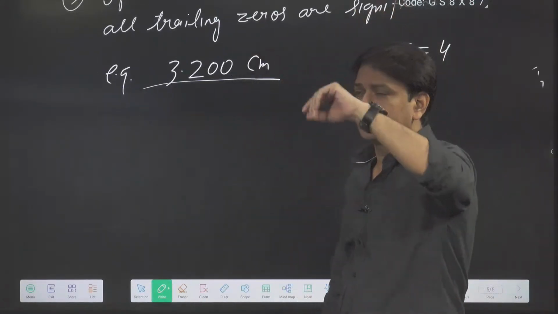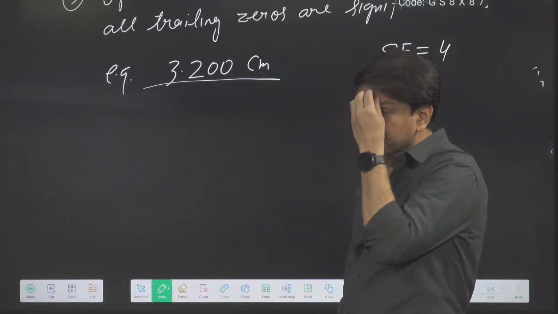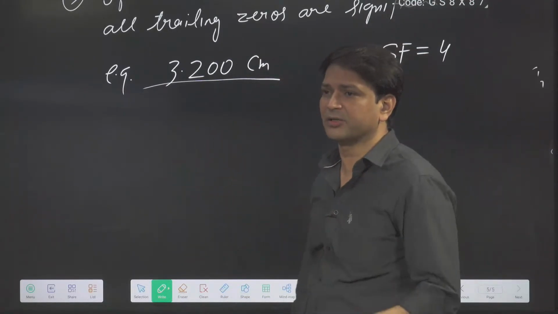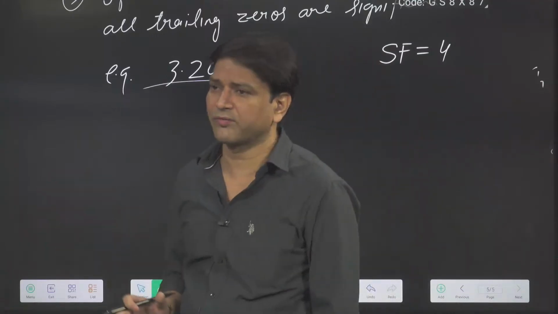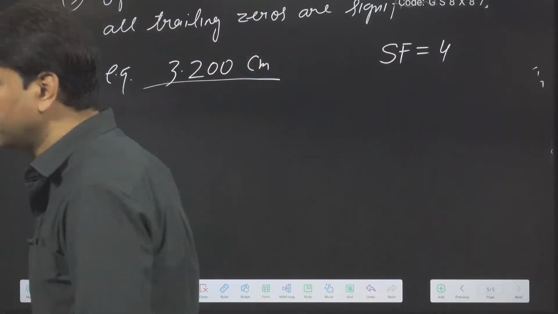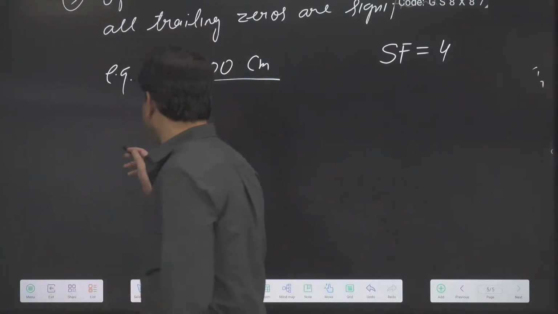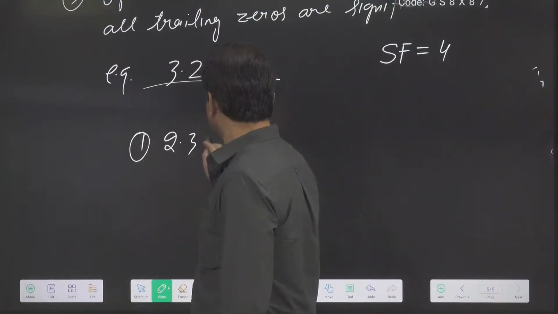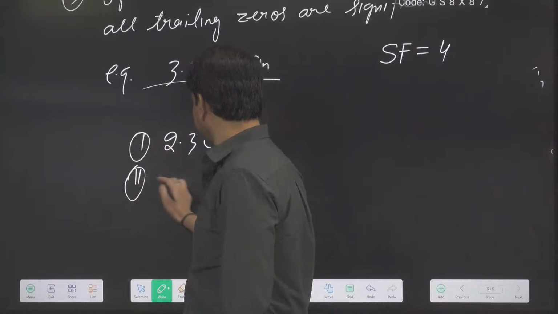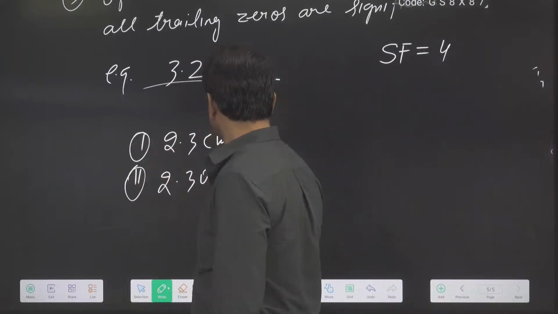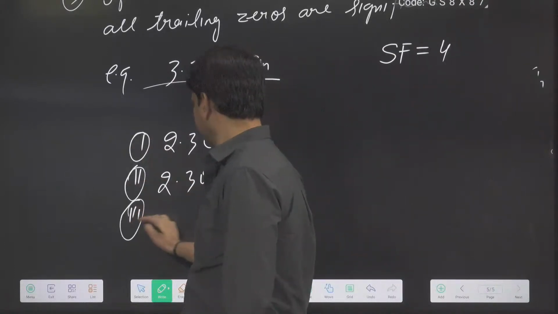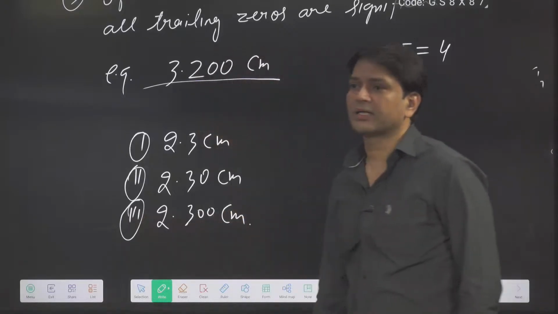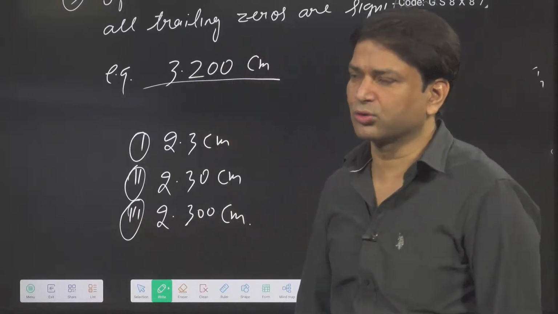Like in one year in the NEET, they asked this question. The diameter of a wire is measured by using the screw gauge. Then the reading of the diameter can be like this, they gave options.